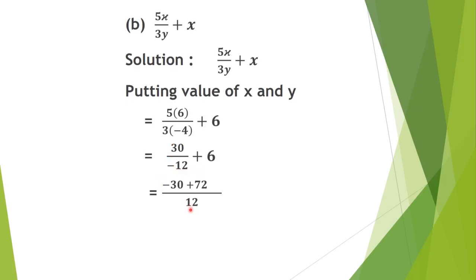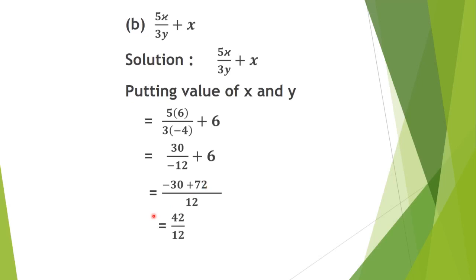Now, taking the LCM of 12 and 1, the answer will be 12. Now divide 12 by minus 12, the answer will be minus 1. So when minus 1 is multiplied by 30, the answer will be minus 30. Next, when 12 is divided by 1, the answer will be 12. Now 12 multiplied by 6, the answer will be 72.